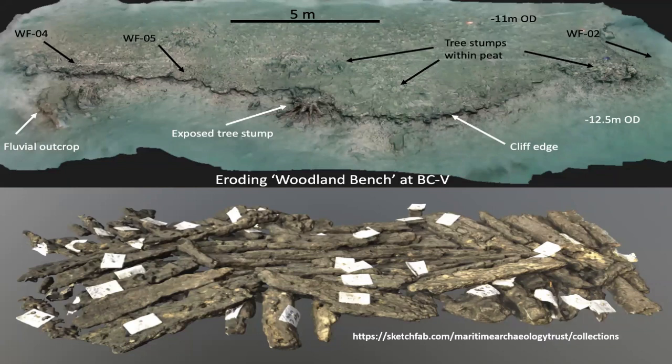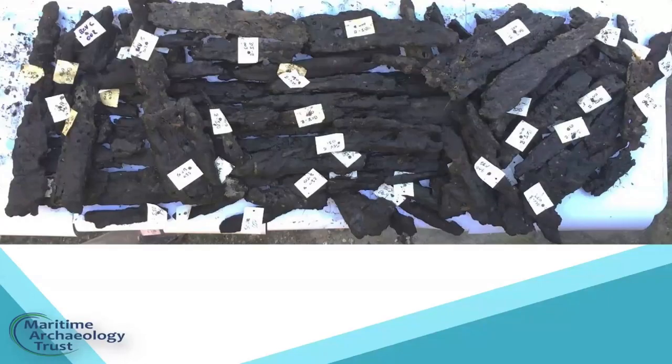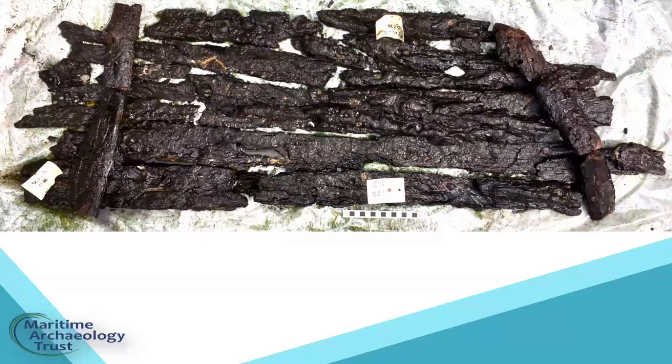They said they were all bark, rounded on one side and flat on the other, and they'd been positioned around the area. It wasn't until we came across this particular site with over 60 pieces of worked, well-organized bits of timber forming a platform about 2 meters wide that we realized it was part of a significant structure, and it was an analog against which we could compare all the other wooden platforms.